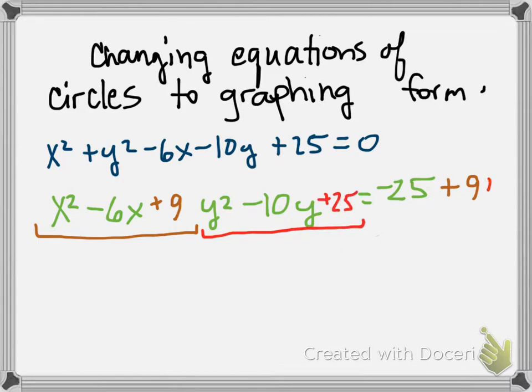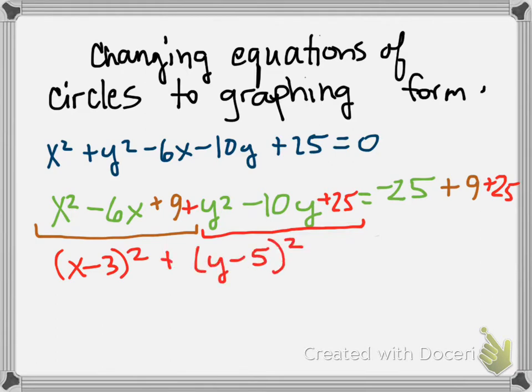So we'd have to add 25 over here. Okay, and we're going to factor these. So this will be x minus 3 squared. So it'll be y minus 5 squared. And on the other side we have a 9.